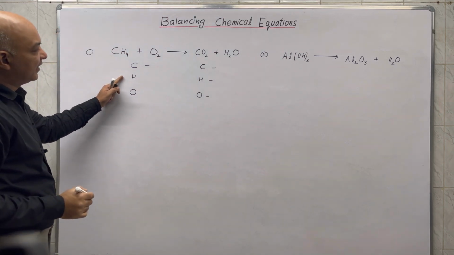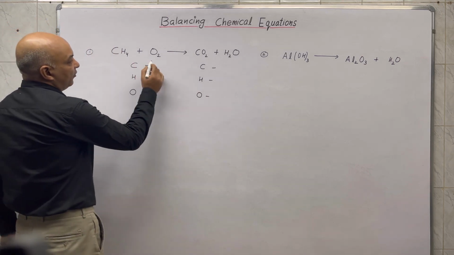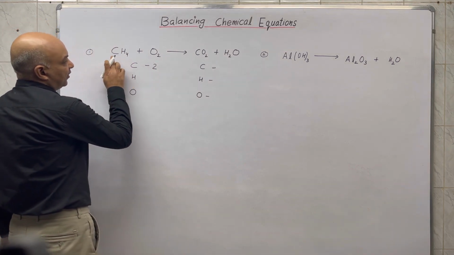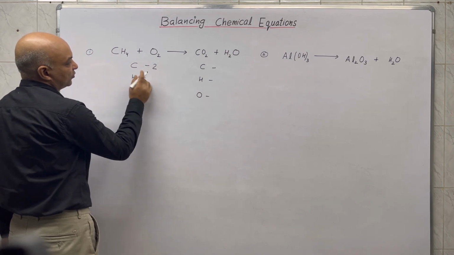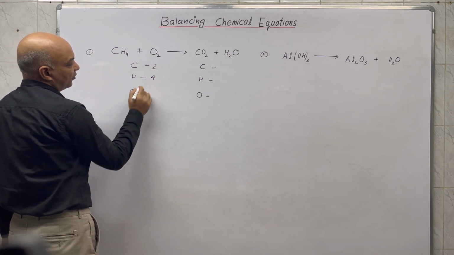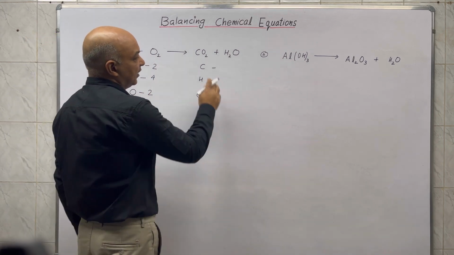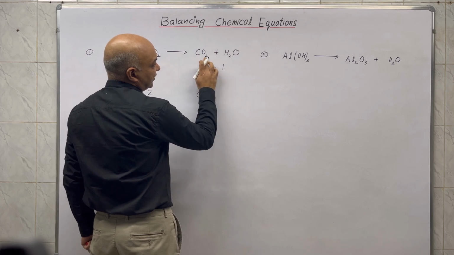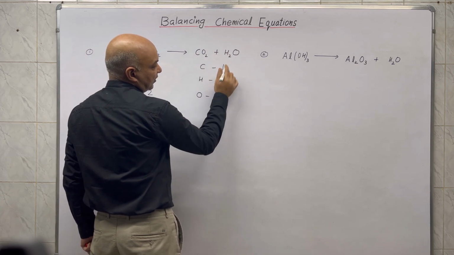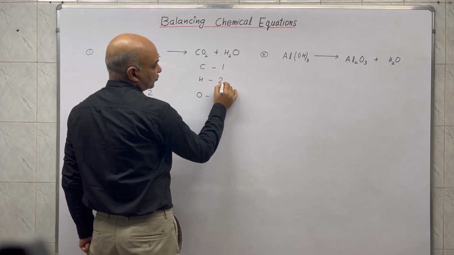So this is my left hand side, this is my right hand side. I will now write down the number of different atoms. That is, carbon here is 1, hydrogen is 4, oxygen is 2. Likewise, here also carbon is 1, oxygen is 2 plus 1, 3, and hydrogen is 2.